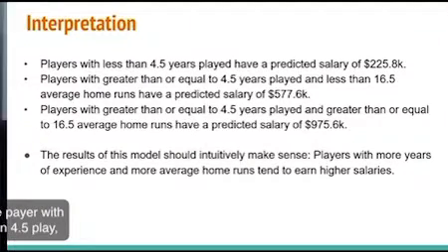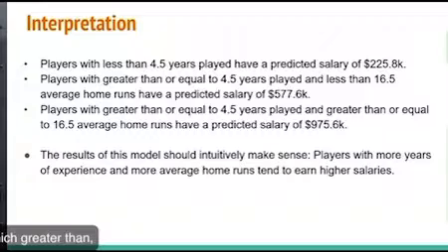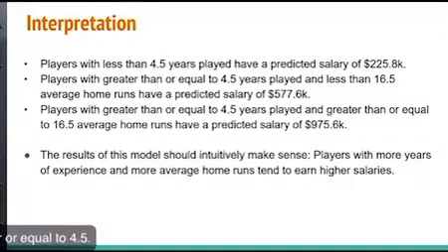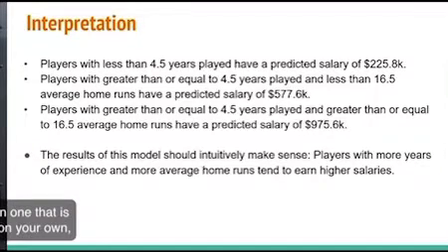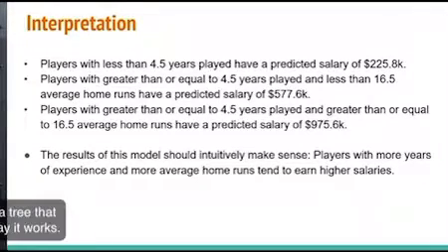The player with less than 4.5 years played has a predicted salary, which is on the other side. On the other side, I have greater than or equal to 4.5, except that one is less than and the other is greater than. Any question on that? Easy, right? Decision tree, that is the way it works.